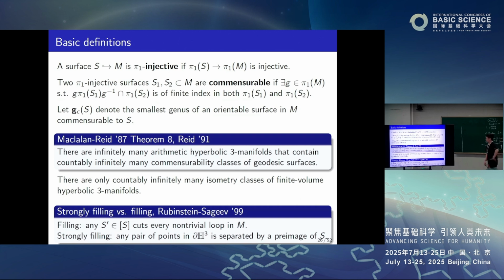So the second notion, strongly fitting, implies the first one. Okay? It just says my surface somehow in the universal cover is linked with every geodesic. So it would imply the first one. I'm gonna show you a picture, so hopefully it makes this more accessible. Okay.